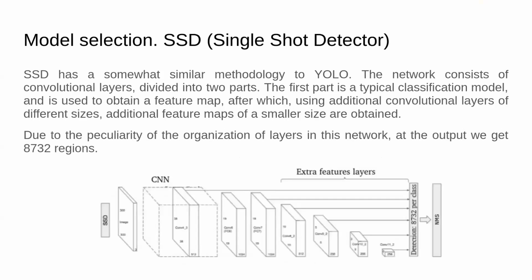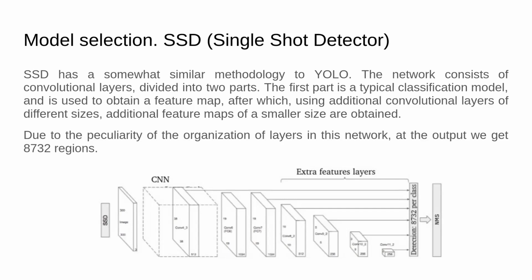And the last one is the SSD model, Single Shot Detector, which is somewhat similar to YOLO. It also has convolutional layers of different sizes, but they are divided into two parts.